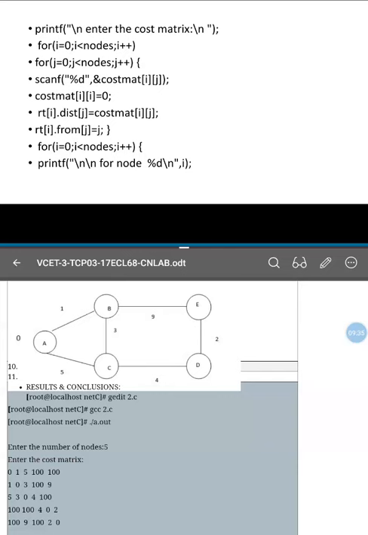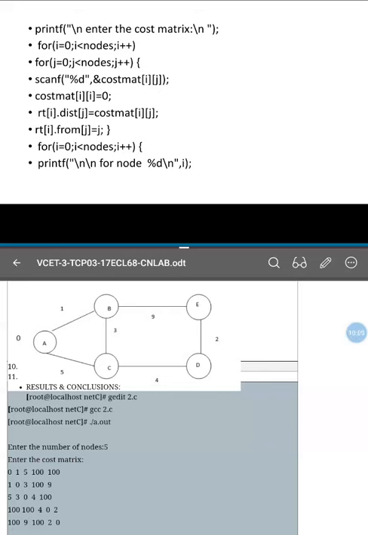Now enter the cost matrix. This cost matrix is a user input based on the structure we have. In the lab we cannot draw this, so we have to enter the data by giving the values in a matrix form, which is a 5 cross 5 matrix here. The i and j values start from 0 till 4, less than nodes.